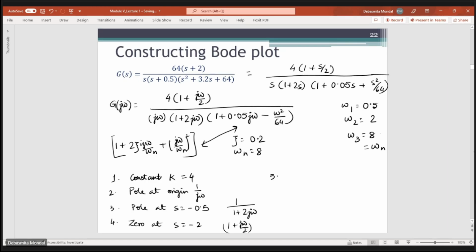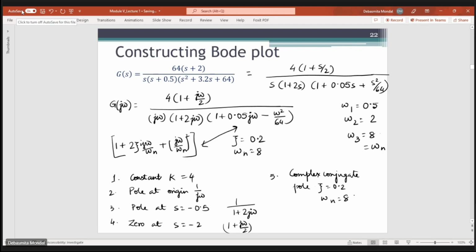And we have a pair of complex conjugate poles, with the value of zeta equals to 0.2 and omega n equals to 8. Okay, so now we already know how the asymptotic Bode plots look for all these factors.